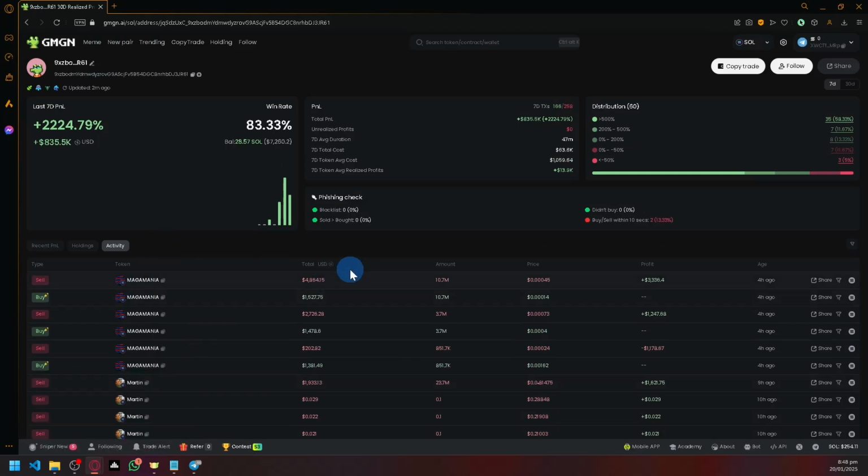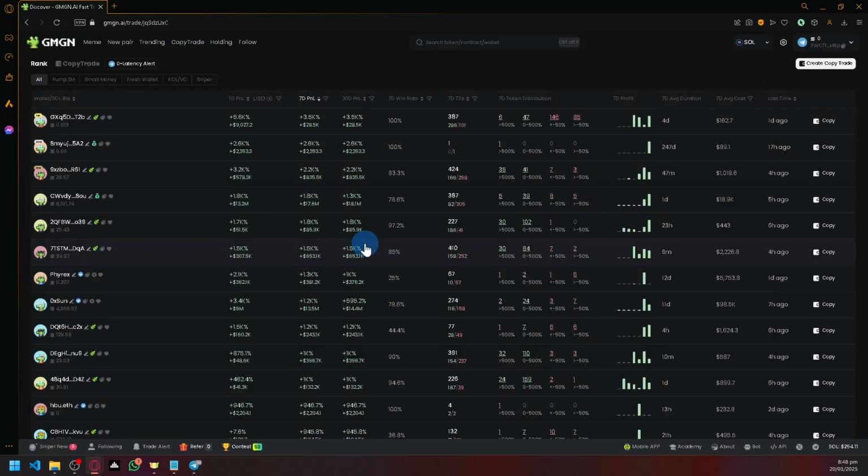So therefore, there will be some gas fees between those, and your copy trade feature will actually copy those as well. So instead of you gaining some profit, you will end up losing a lot of SOL or a lot of money due to the amount of gas fees occurring within the wallet that you're copying.